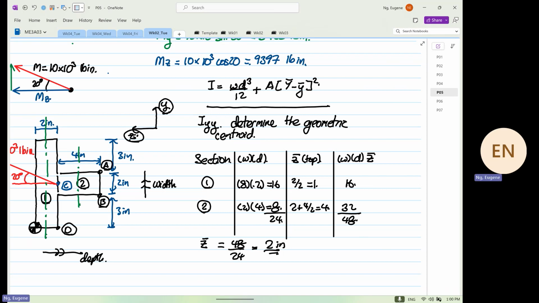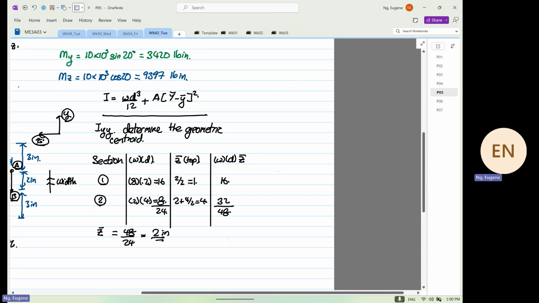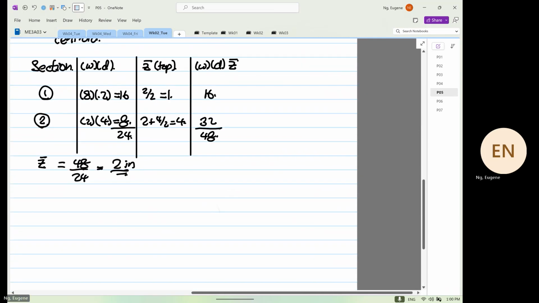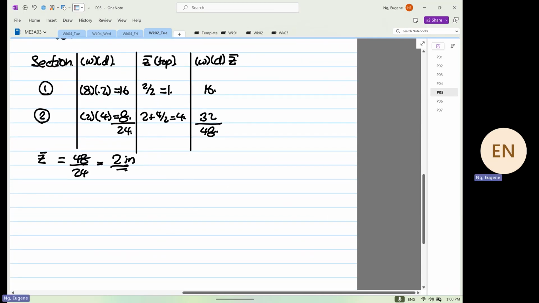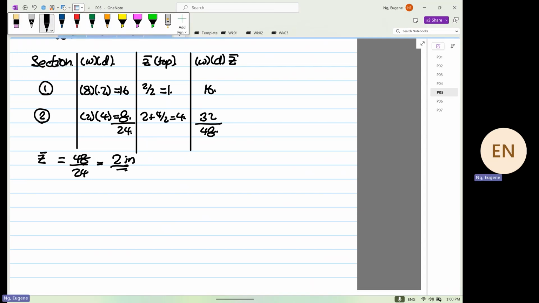Now we are going to find the second moment of area. I will deliberately do this without looking at the diagram. Okay. I will do this without looking at the diagram, and I'm going to close my notes. Okay. Because this is a foolproof technique that I've used that I will encourage you all to try.